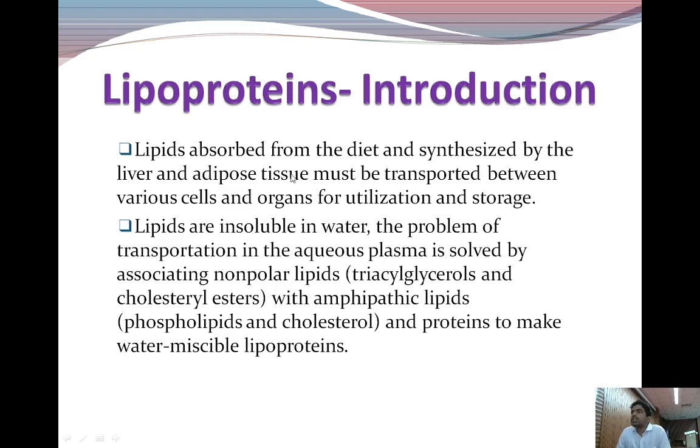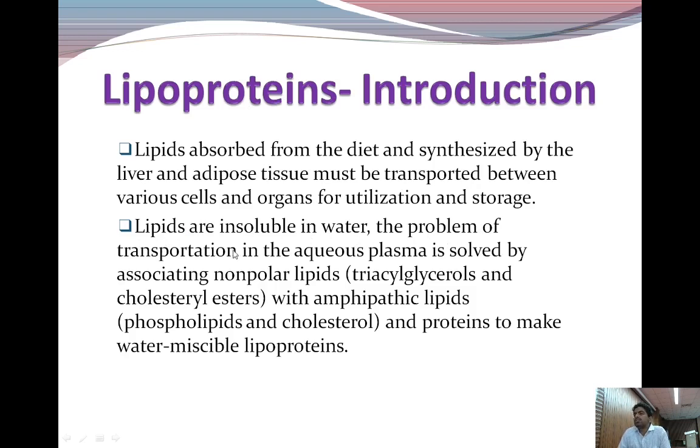All the lipids have to be transported between various cells and organs for utilization and storage. Utilization we saw, where all lipid is used, and it is stored as a source of energy. Generally, lipids are insoluble in water.